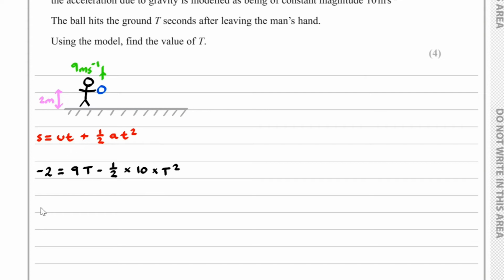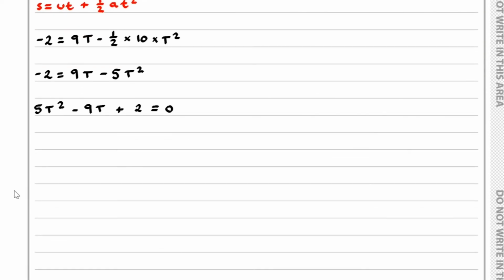And so we've got -2 equals 9t minus 5t squared. Rearranging, 5t squared minus 9t plus 2 equals 0. If we factorize, we have 5t plus 1 multiplied by t minus 2 equals 0. So either t is equal to -1/5 or t is equal to 2.